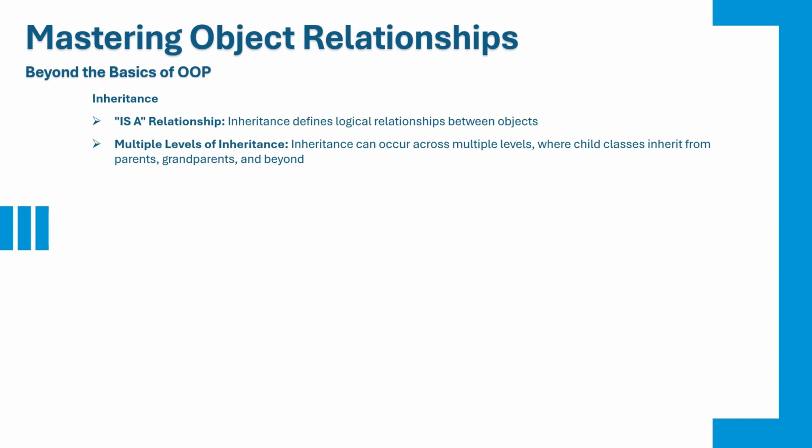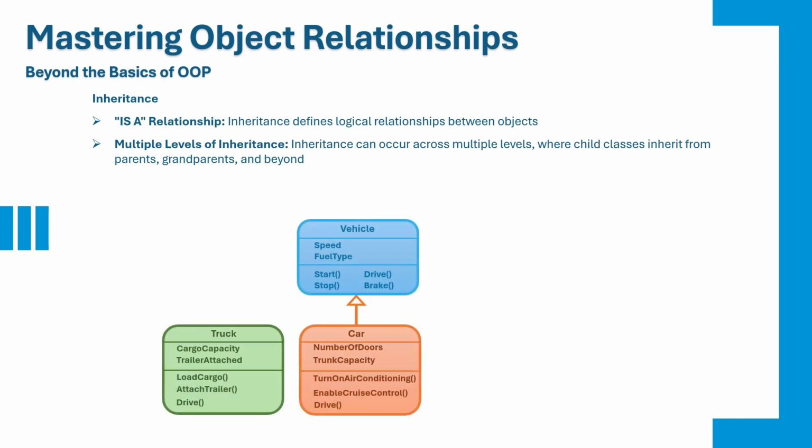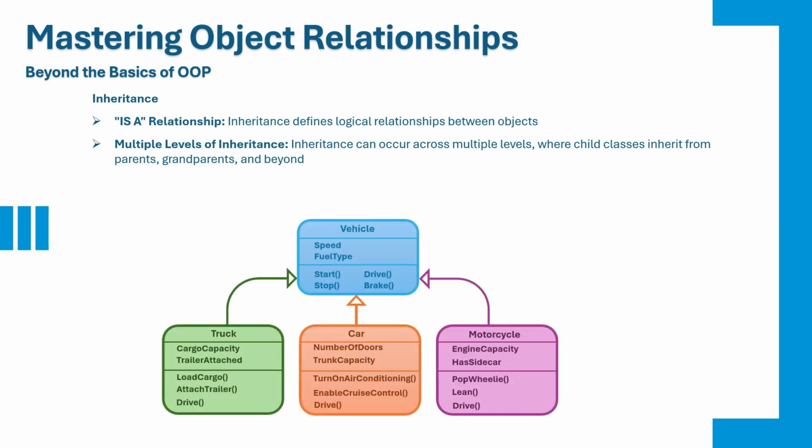When a subclass inherits from its parent, it automatically receives the parent's attributes and behaviors. So, car, truck, and motorcycle inherit everything from the vehicle class. Then we can add extra attributes and behaviors specific to the subclasses. Sometimes, a subclass may need to modify how certain inherited behaviors work.